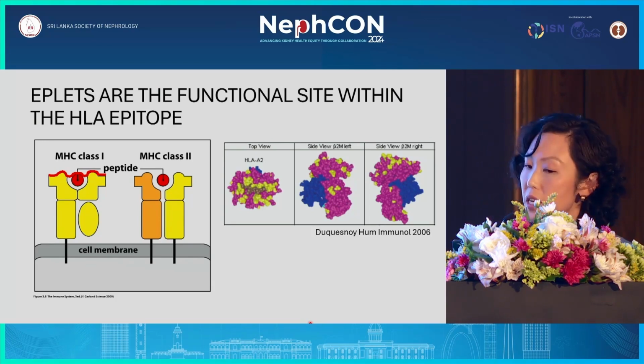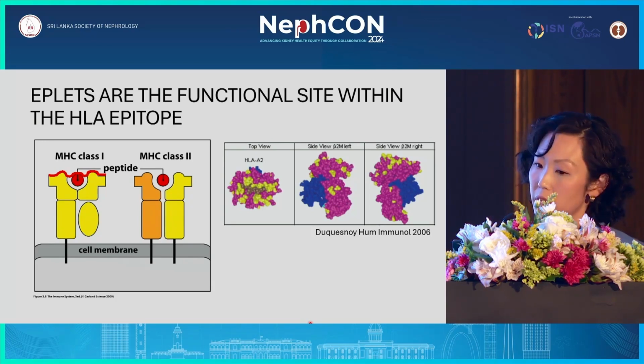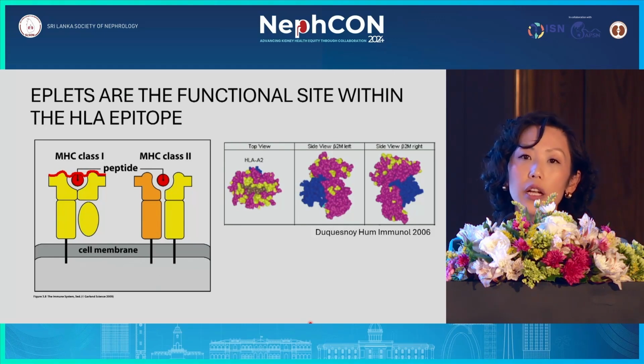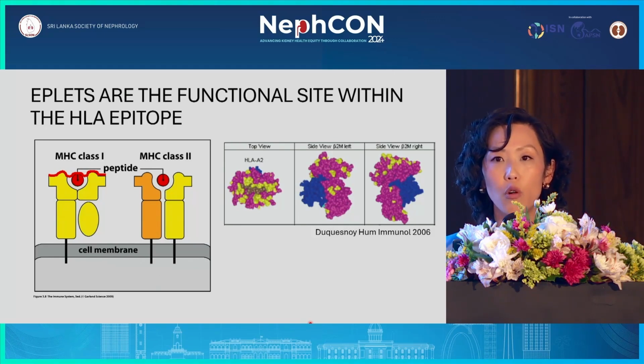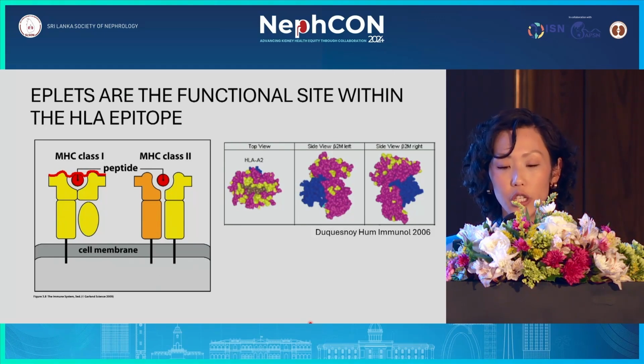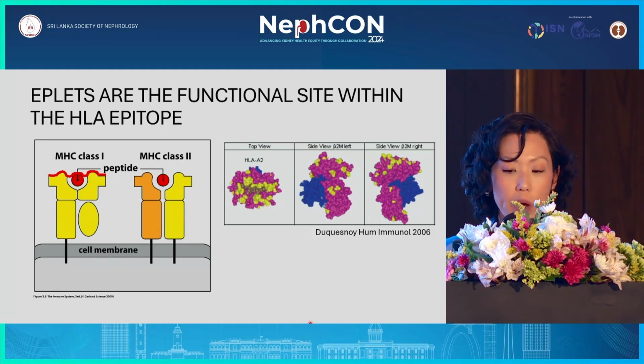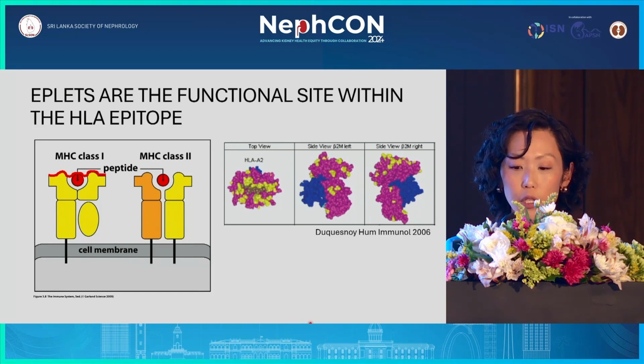And surrounding the antigen peptide are clusters of amino acids in yellow. And these represent the sites of amino acid polymorphisms within the HLA epitope. And it is these clusters of polymorphic amino acids within the HLA epitope that play an influential role in the strength and specificity of antibody binding.